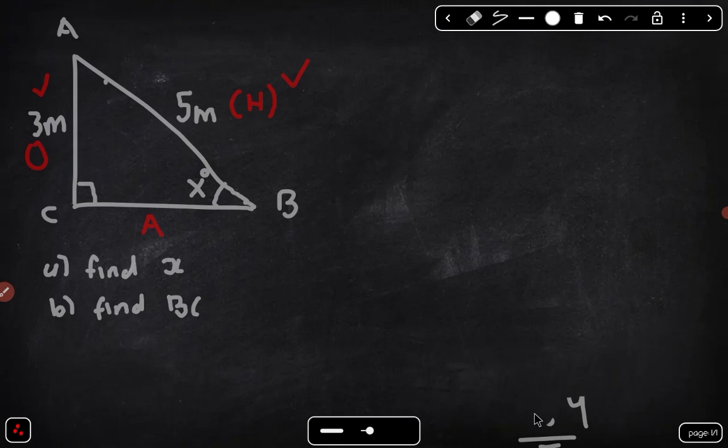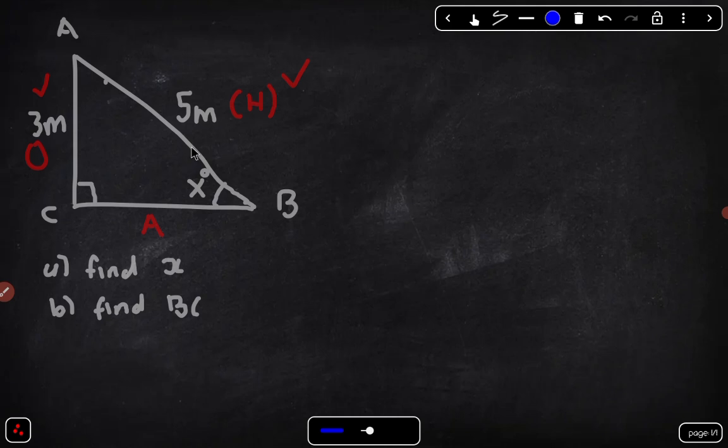For BC, we are going to apply the Pythagoras theorem. In order to apply it, I'm going to assign letters. I'm going to use blue.